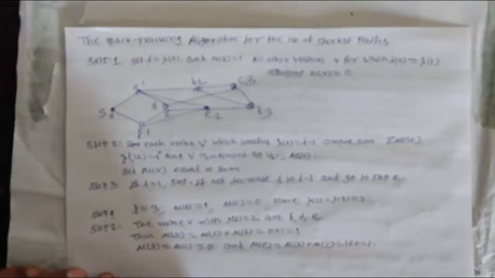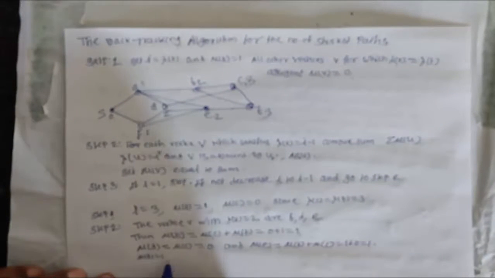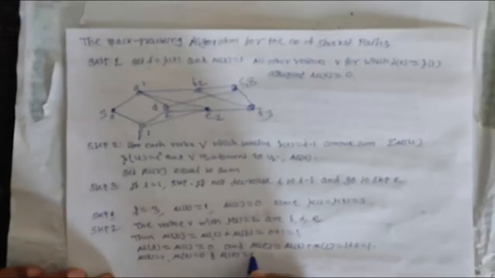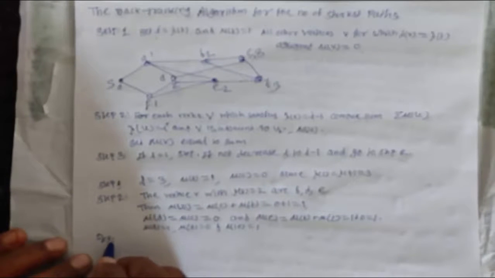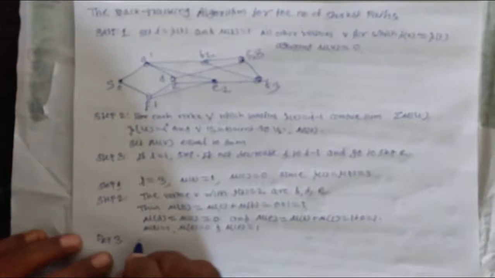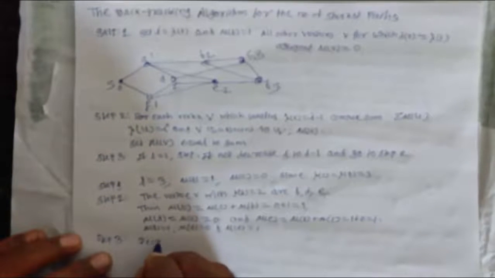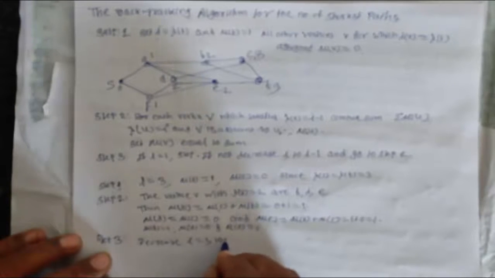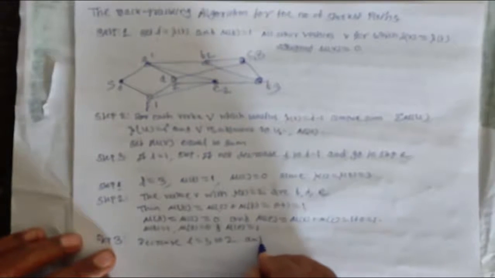That means mu of B is 1, mu of D is 0, and mu of E is equal to 1. Now decrease. Step 3: decrease I 3 to 2 and go to step 2.